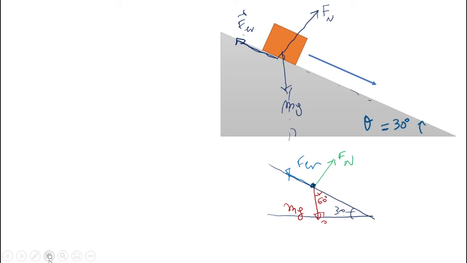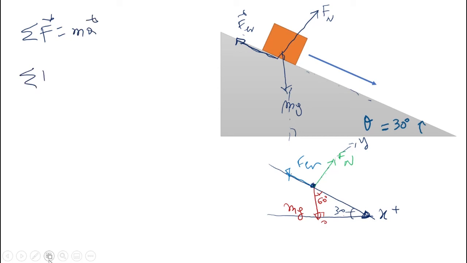So we need to choose our reference, x and y axis. X-axis is in the direction of motion of the object. The y-axis will be perpendicular to the surface. We have three forces. Now, with Newton's law, we say sigma F equals the mass times acceleration.